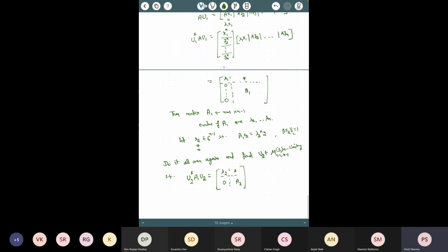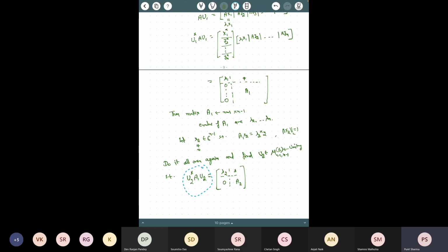Here A1 is of smaller size, so we should use this information, whatever we did, in order to construct a unitary matrix so that we can introduce the second column in our upper triangular matrix for matrix A.